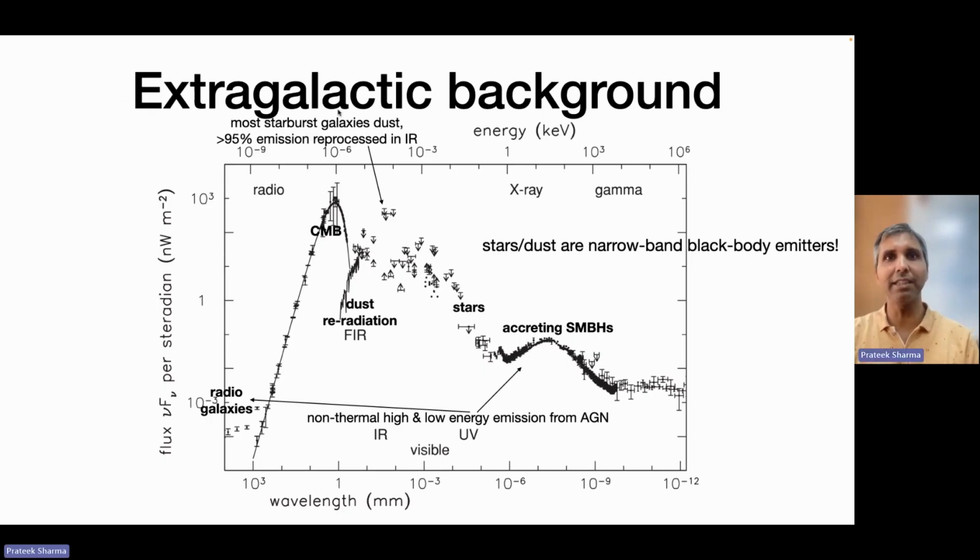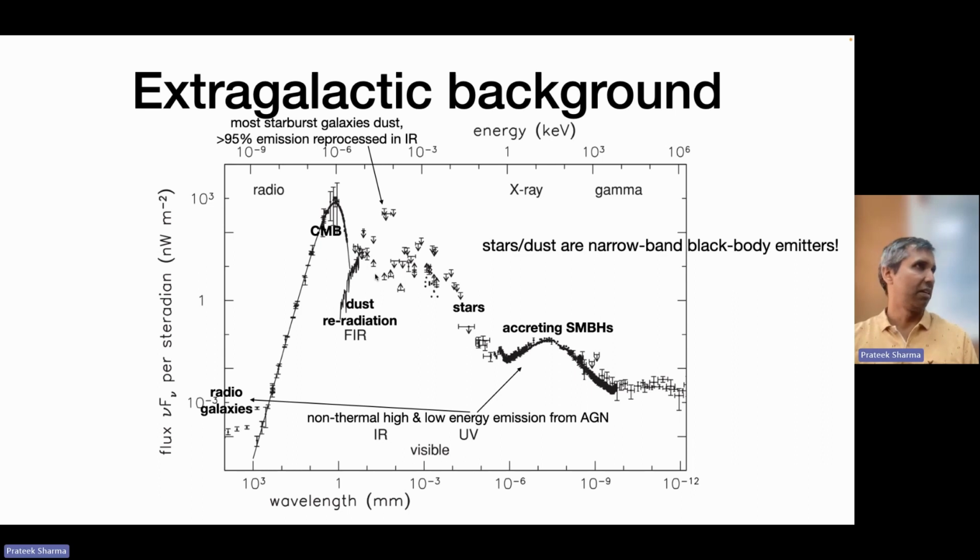So if you look at the extragalactic background, this is also a slide from an early lecture of mine. This is all the radiation that you observe in the universe, going from low frequencies to the highest frequencies. Okay, stars are here in visible and UV and IR.